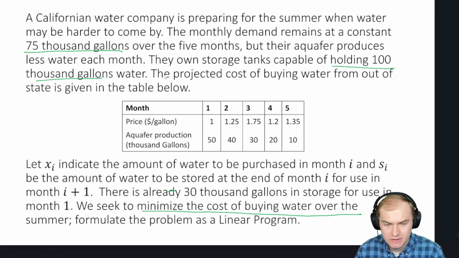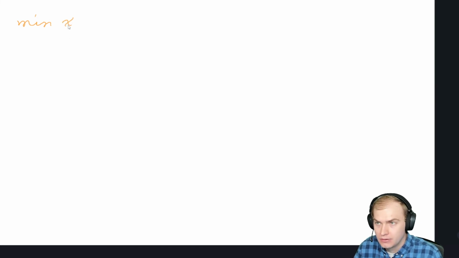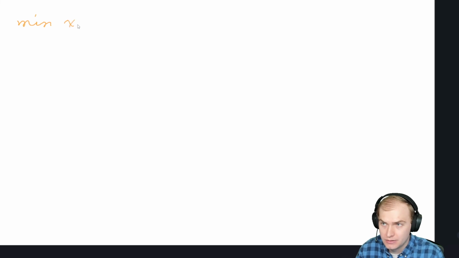So minimize the cost of buying water. The cost in month 1 was $1 per gallon. Month 2 is $1.25 per gallon, etc.